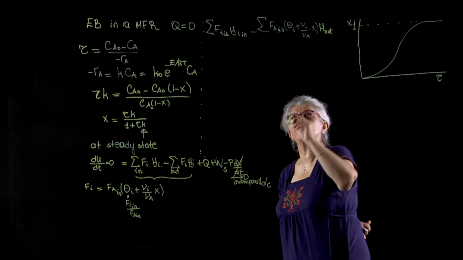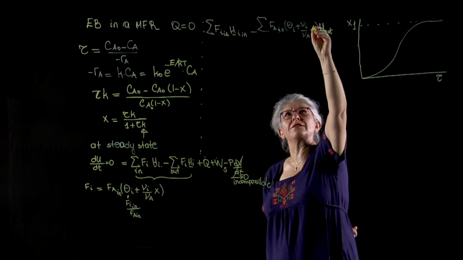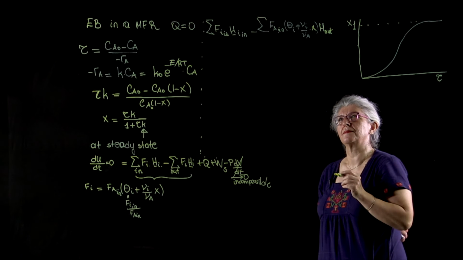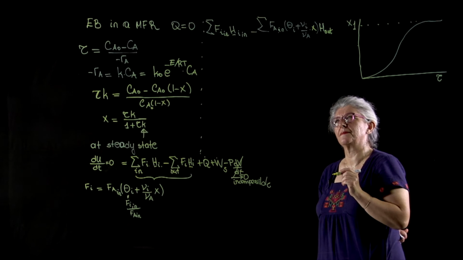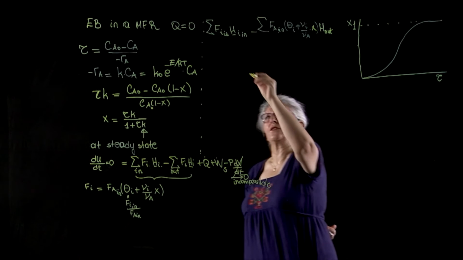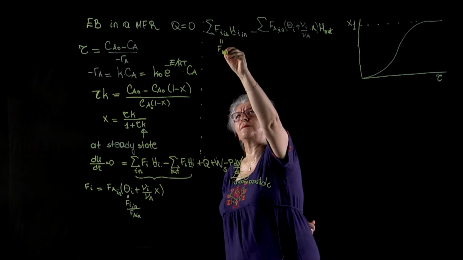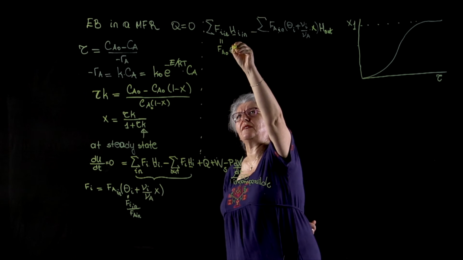This is the term that we are going to rearrange. So we can write Fi in as Fa0 times theta in.